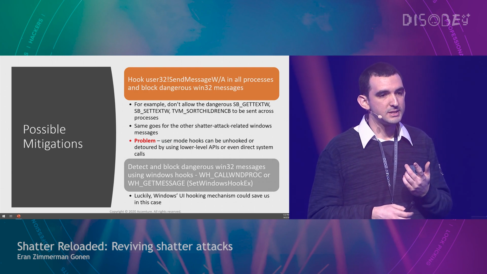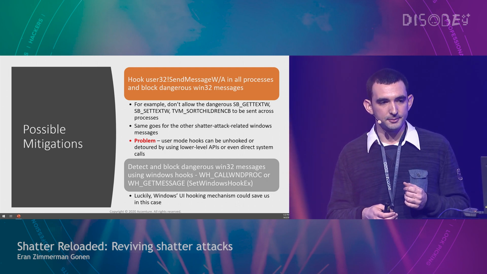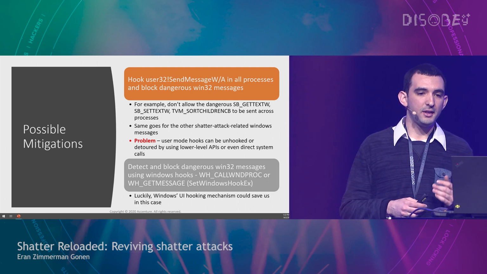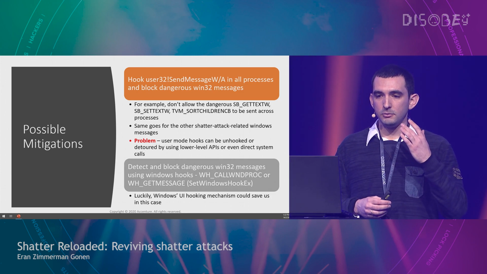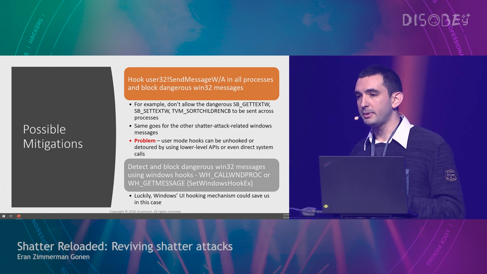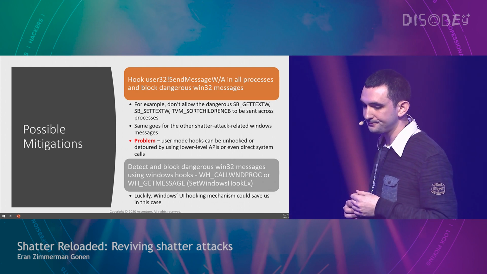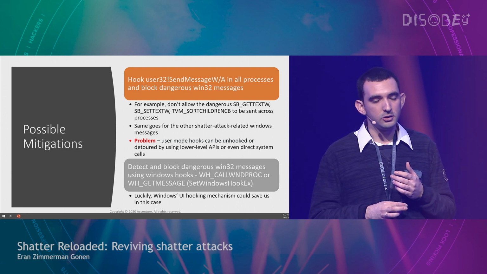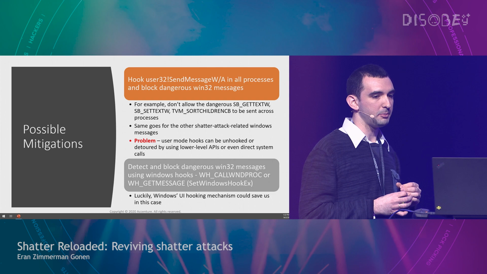However, as we said, user mode hooks are not good enough because they can just be unhooked. So a different thing we can do is use a mechanism from Windows called Windows hooks, which is called by calling the SetWindowsHookEx function. And we can call it with either the CALLWNDPROC or the GETMESSAGE arguments.